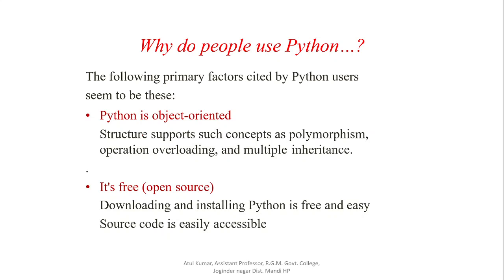The second important feature of Python is that it is free and open source. You can download it freely from the website and install it on your computer, and you can easily start your software development with the help of Python without any payment or purchase.